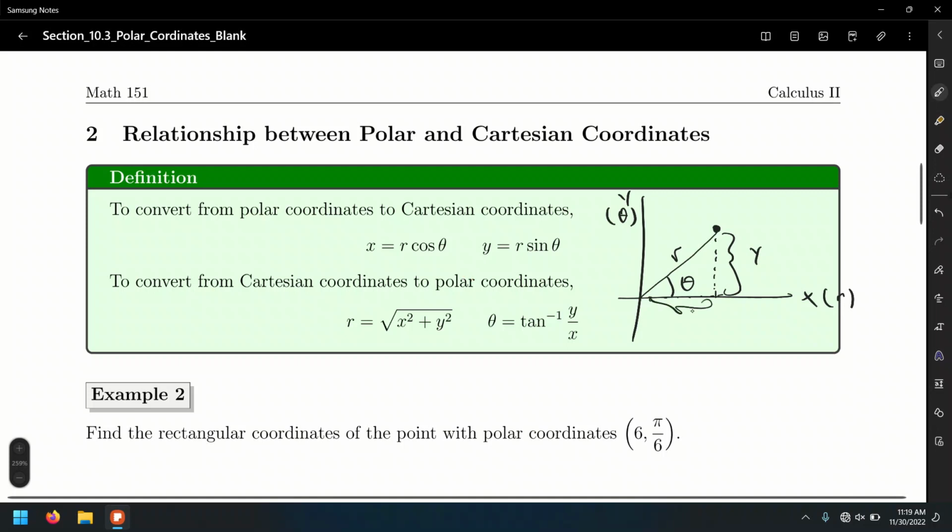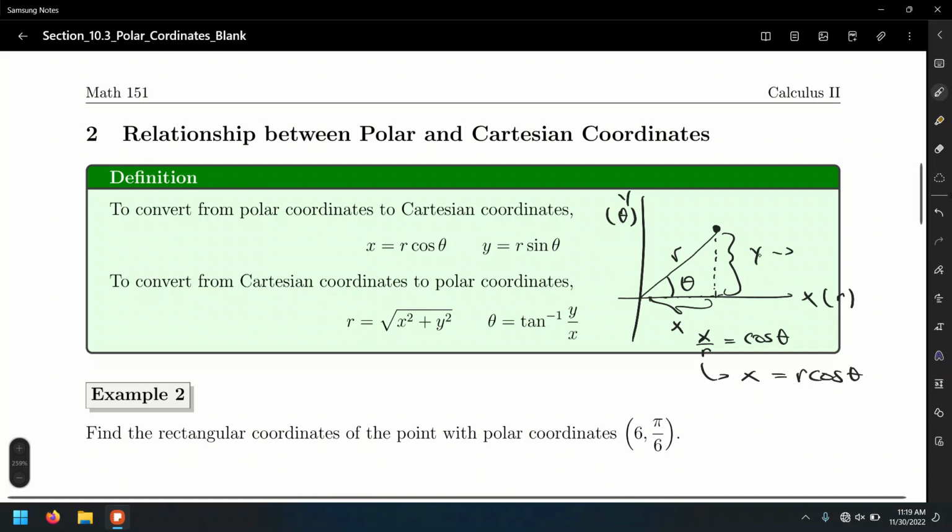x over r equals, this is adjacent over hypotenuse, that's cosine theta, which results into x equals r cosine theta, which is this formula right here.